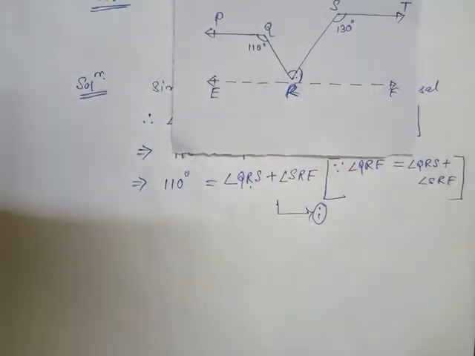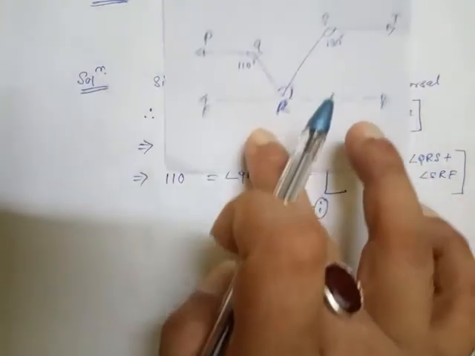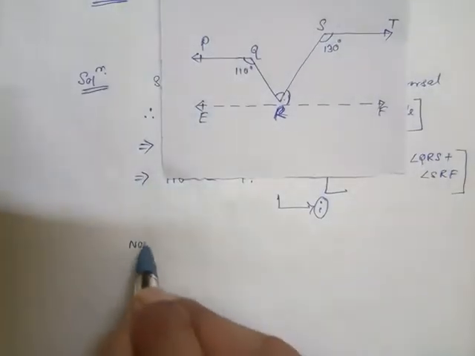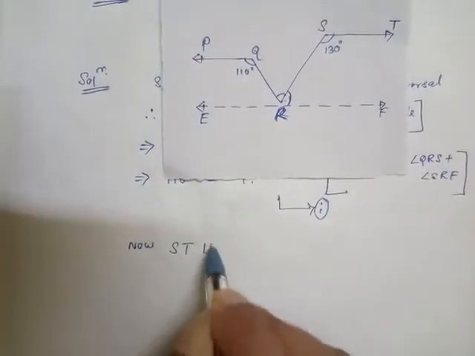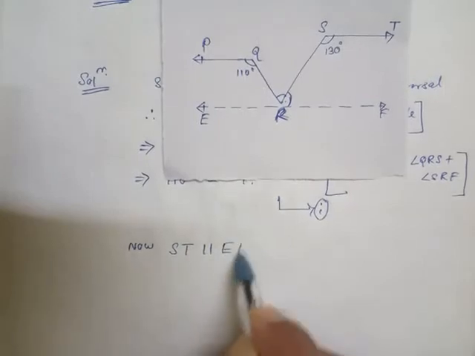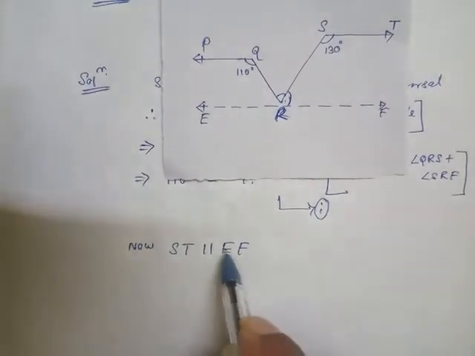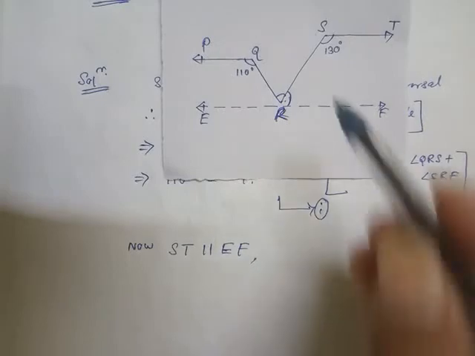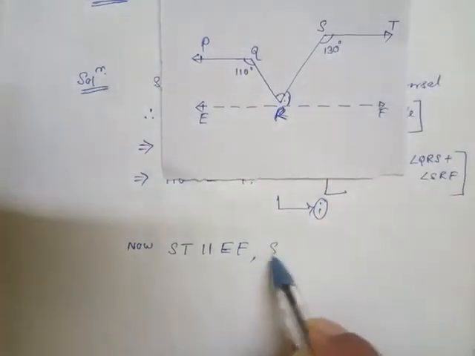So here I will write down now ST parallel to EF. This is from construction. So students, if it is so, then SR is the transversal.